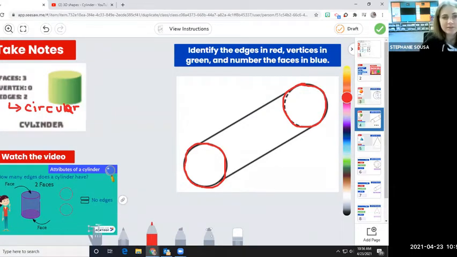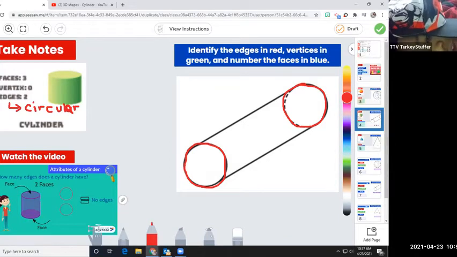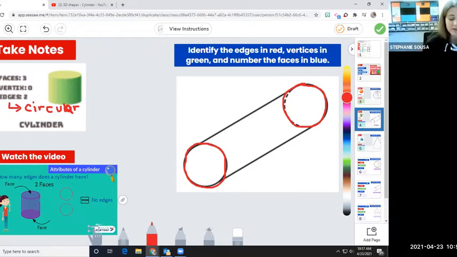Yes, Terrence. So again, the faces are the bottom or wherever it is, the flat surface. Yes, the top and the bottom would be the standard faces that we see because they are flat, okay? We do have a third face that we call a curved surface because it has been wrapped around that shape.